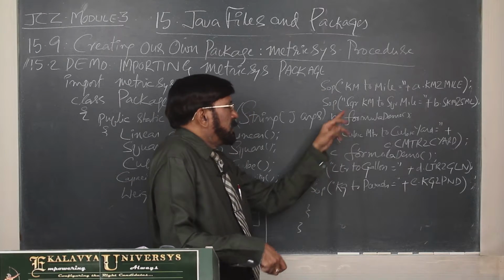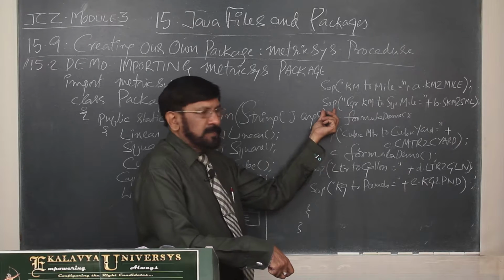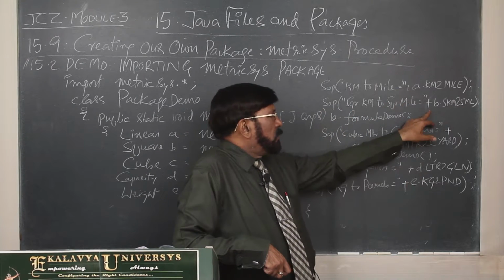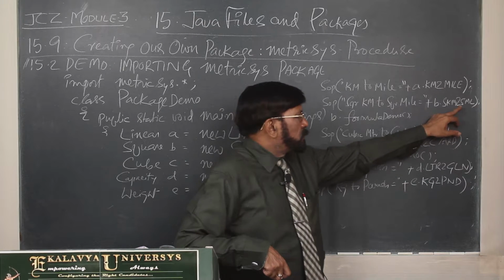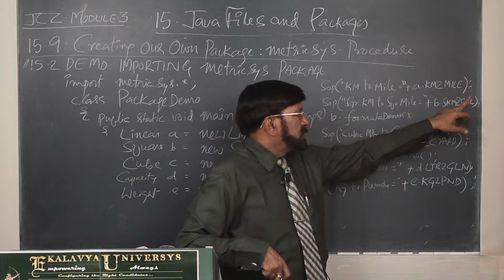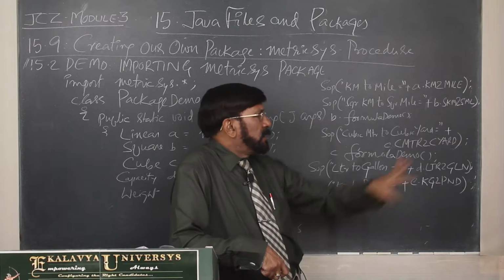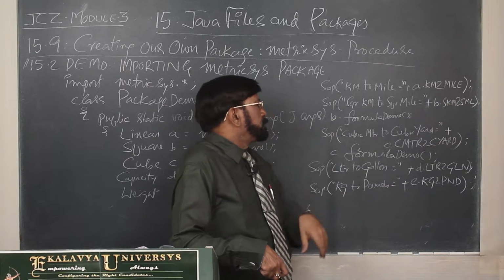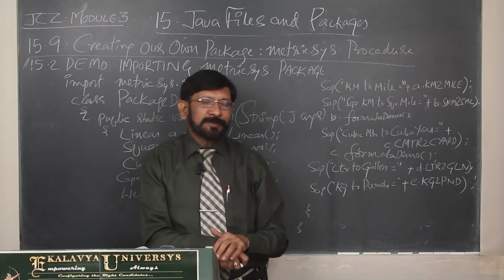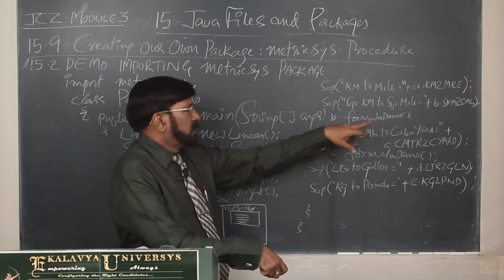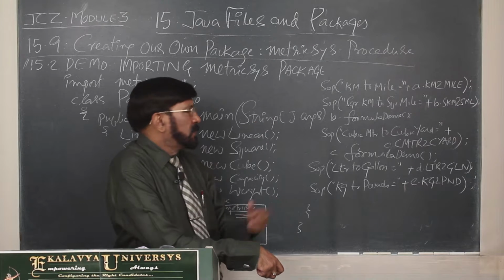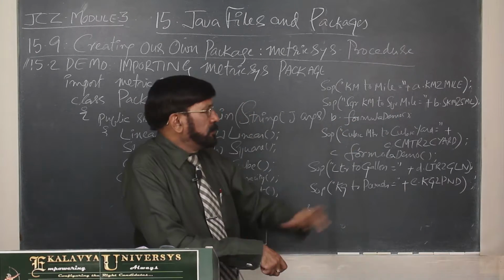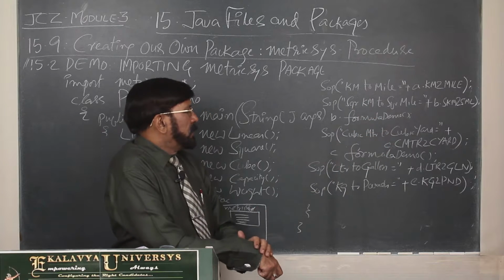Thereafter, square. Now SOP, square kilometers to square mile: B.SKM to SML, square mile, and as a result that value is printed. Next, one more element I have written in the square class, one formula. I write B.formula demo, and then that is printed.